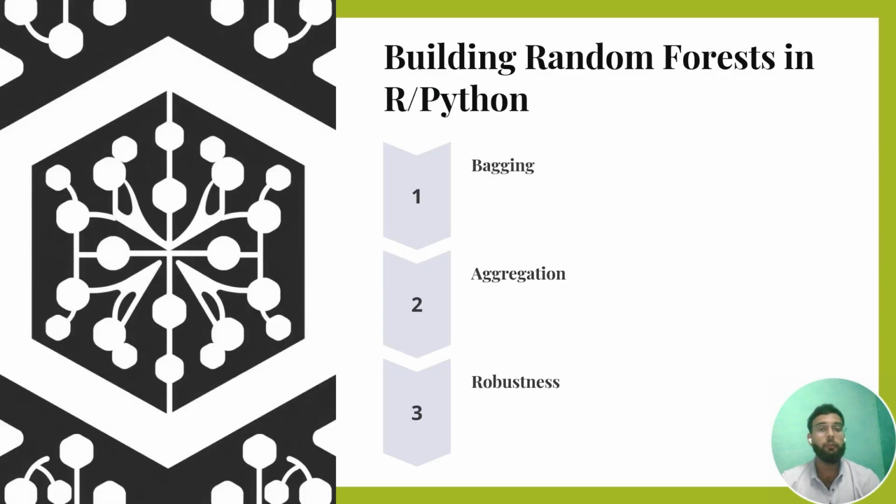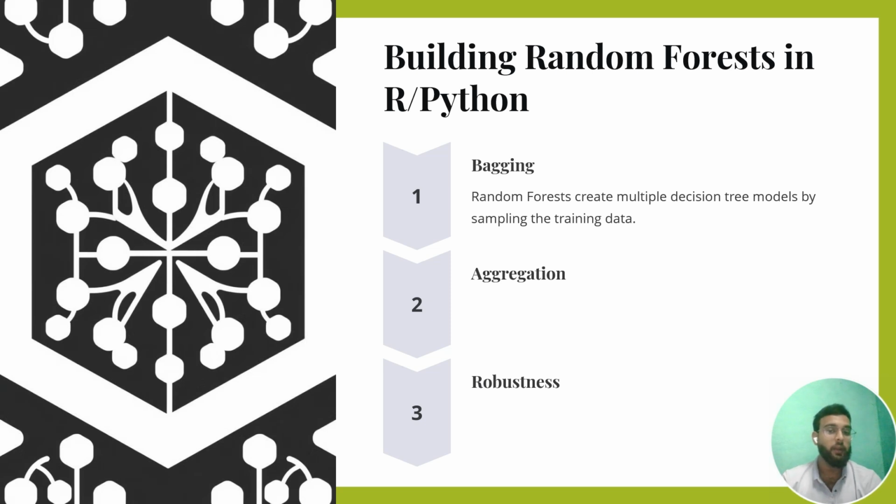Now we'll talk about building random forest in R and Python. The steps are: first we use bagging, then aggregation, and then robustness. In bagging, random forest creates multiple decision tree models by sampling the training data.